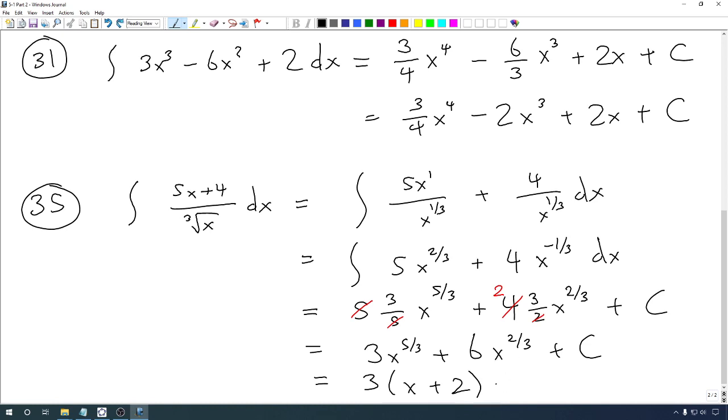And then x to the 2/3 is really the cube root of x squared. So if you really have to do it, that's the way we could write it in terms of cube roots. But I would probably just leave it as the previous line. This is definitely the easiest one to write down, I guess. Even if it might not be the easiest one to type into a calculator.